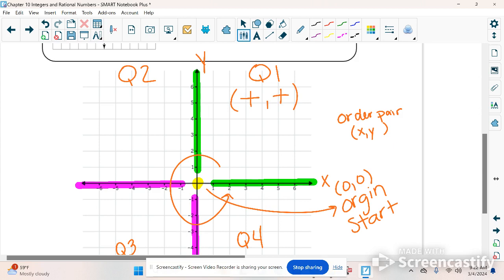In quadrant 2, it's a mixture. The X is negative, while the Y, the one that runs up and down, is positive. So its signs are negative, positive, in that order, because X always comes first.